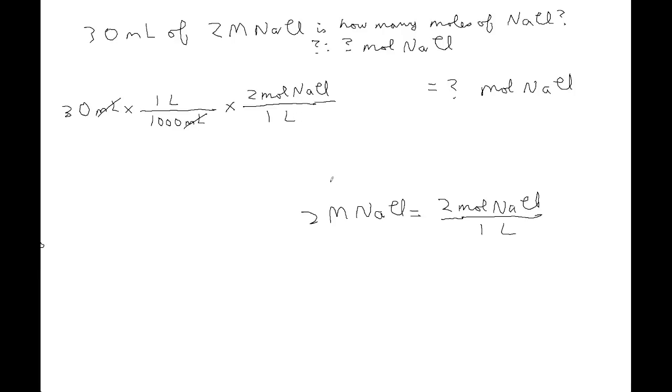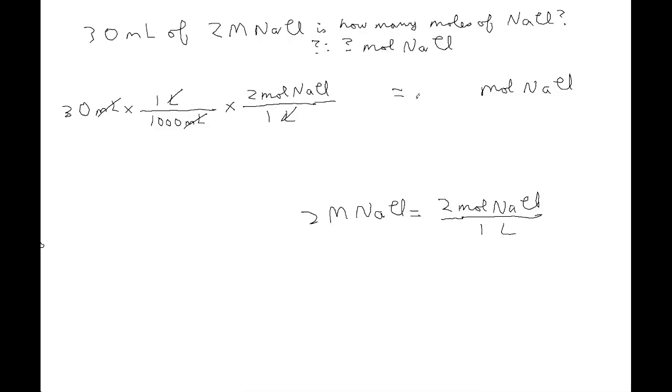Then you can just take 30 divided by 1,000, cancel out the liters, and then multiply that number by 2, and you'll get the moles of NaCl. So do that calculation. What do you get? 0.06. Good. That's the same answer you got before.